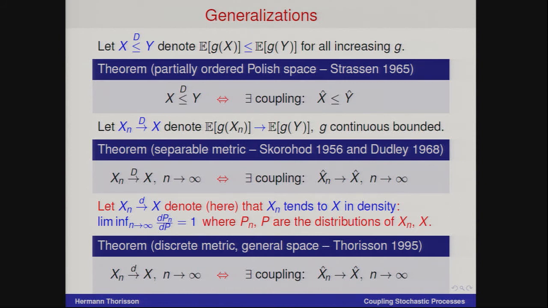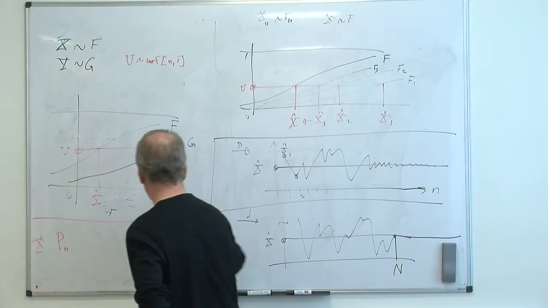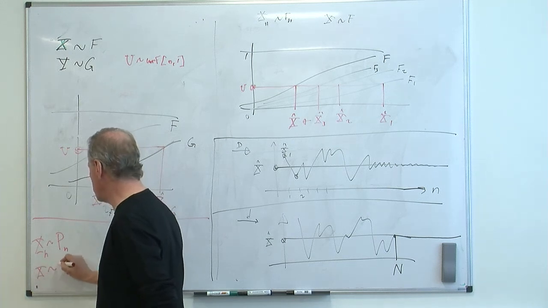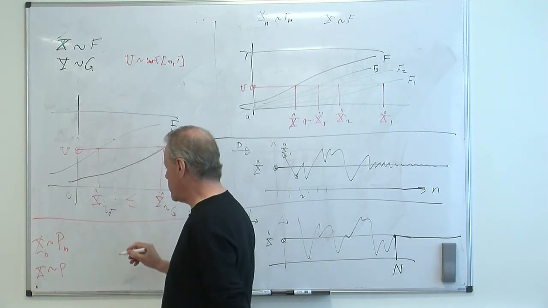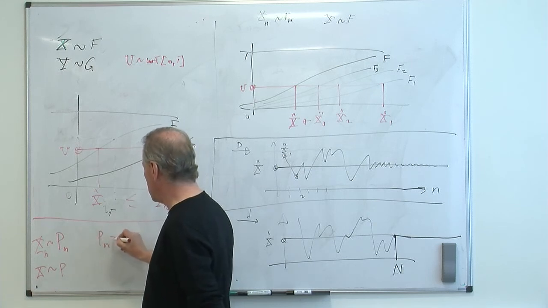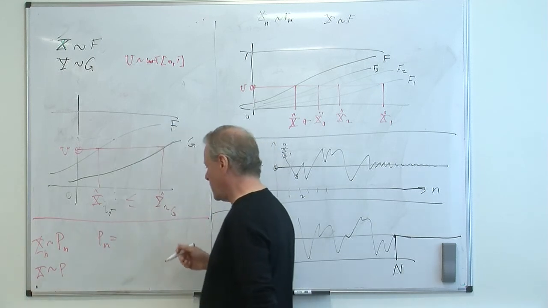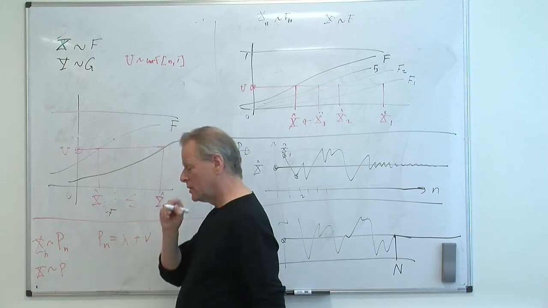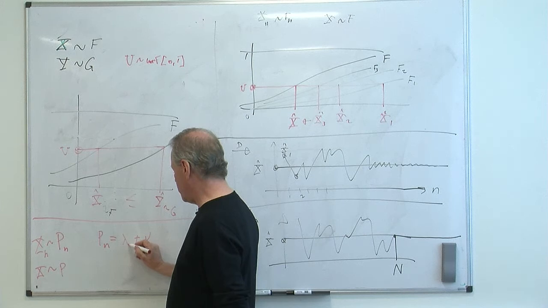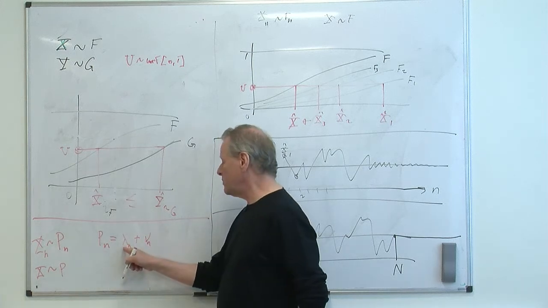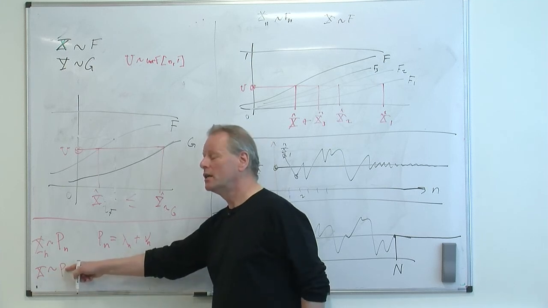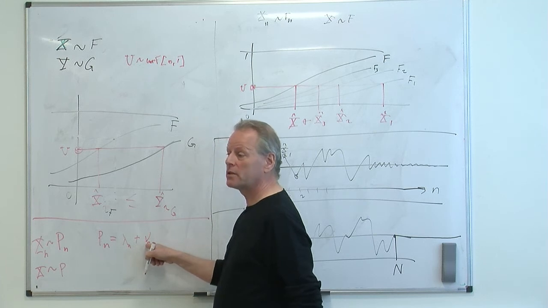So xn has distribution Pn, x has distribution P, and we can write each Pn as a lambda and a nu, where this lambda is the absolutely continuous part with respect to P, and this is the singular part with respect to P.